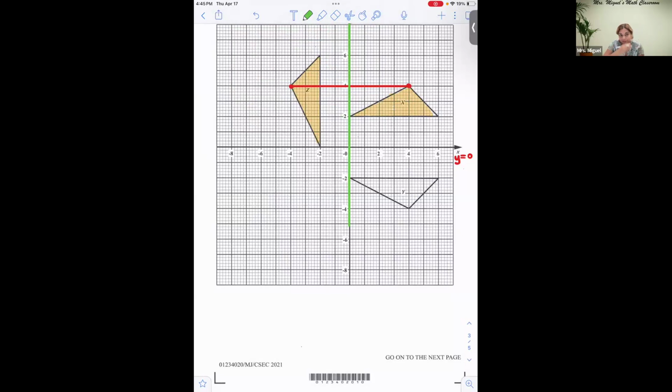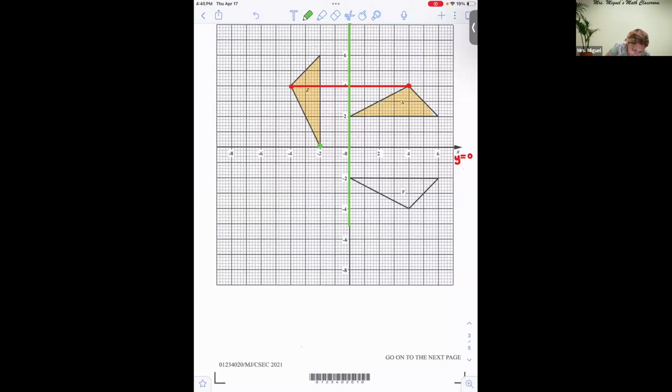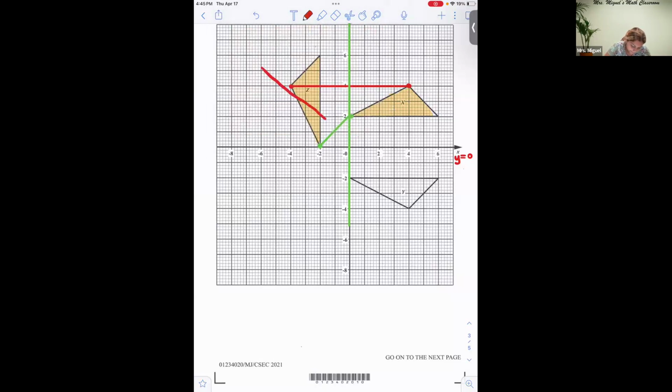So to find the center of rotation, I need to do that again. So if I connect this point and this point, right? And I want to find the middle of that. So I'm going to turn my ruler slanted. I'm going to make my ruler slanted and I'm going to draw a line through there. So where the two lines intersect, here is the center of rotation.